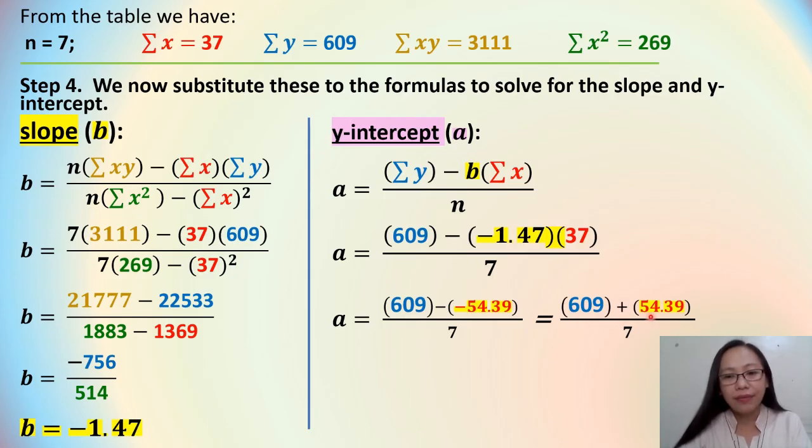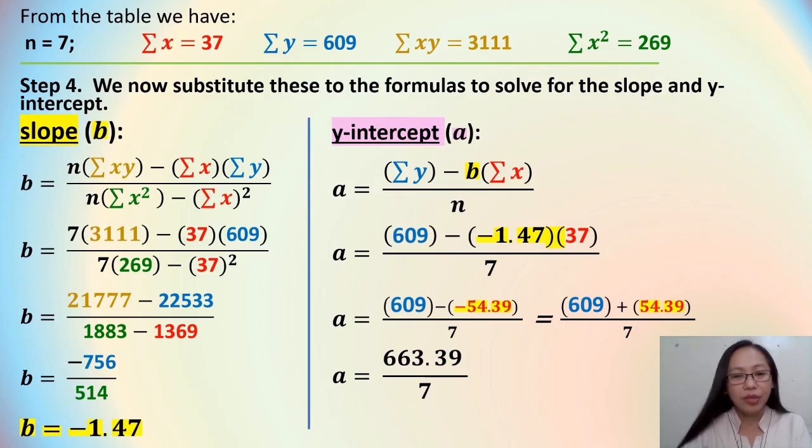609 plus 54.39 divided by 7. So there you have 609 plus 54.39 is 663.39 divided by 7. So if we divide this, we will come out with 94.77.